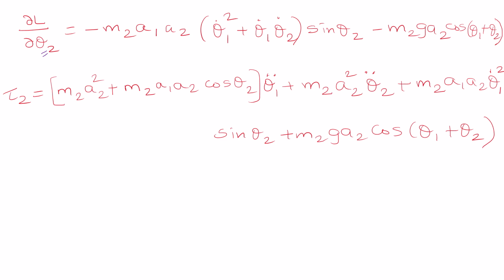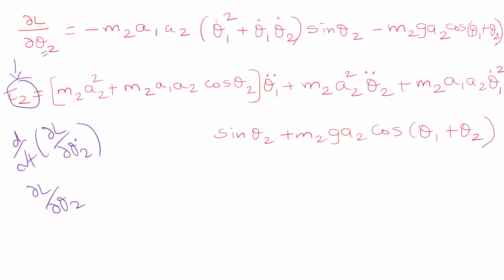So you will be getting ∂L/∂θ2 as minus m2 a1 a2 (θ1 dot square plus θ1 dot θ2 dot) into sin θ2 minus m2 g a2 cos(θ1 plus θ2). Similarly, as we just did for τ1, by substituting d/dt of ∂L/∂θ2 dot and ∂L/∂θ2, you will be getting this equation for τ2, right? So we have got the torque equation.